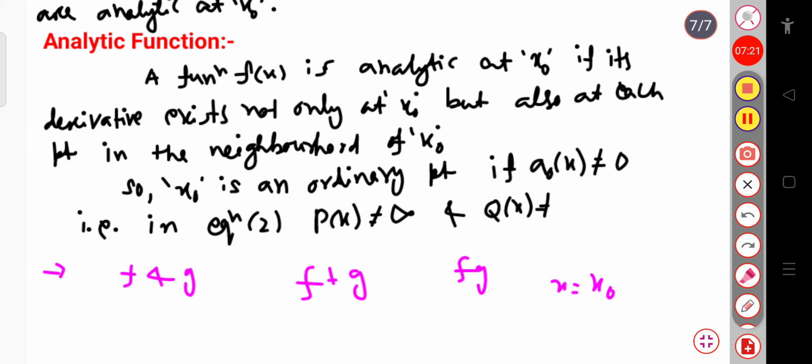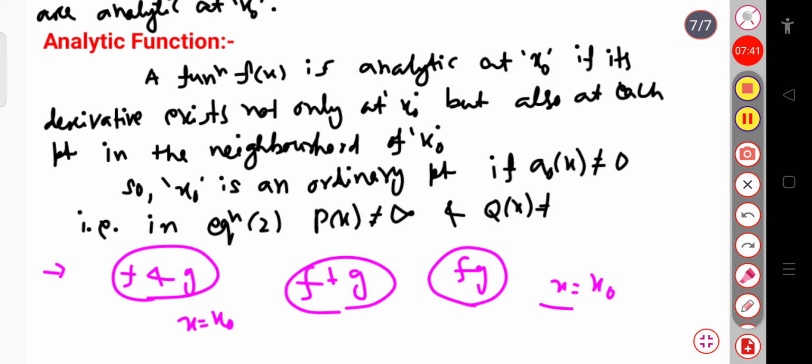But the quotient f by g is analytic only if f of x divided by g of x exists, that is, g of x naught is not equal to 0 at the point x naught. Then that function is called analytic at the point x naught.